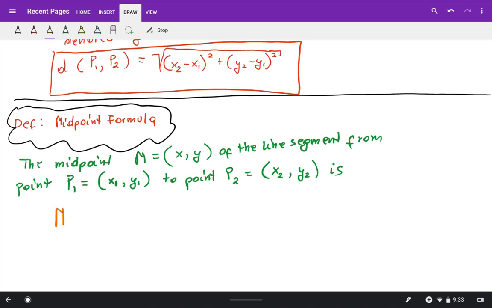Midpoint, it's a point on the coordinate plane. That's why you see x comma y, because we're going to find the coordinates of the midpoint. And this is how you're going to find those coordinates.